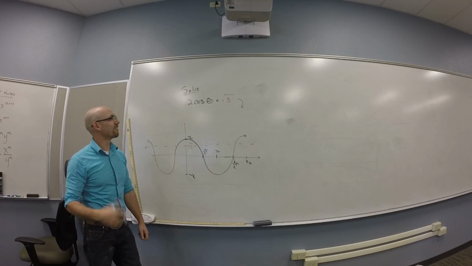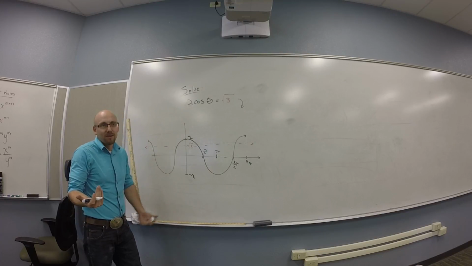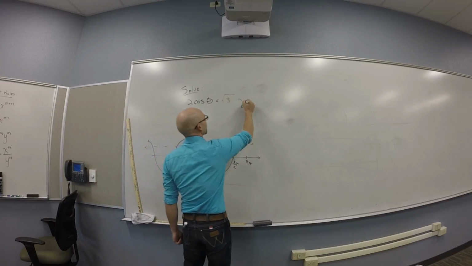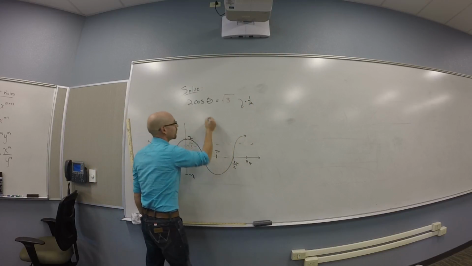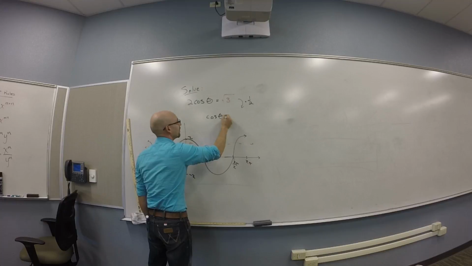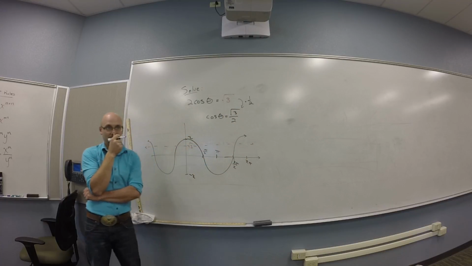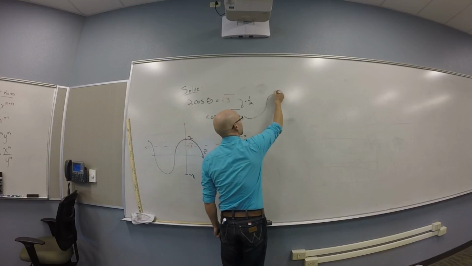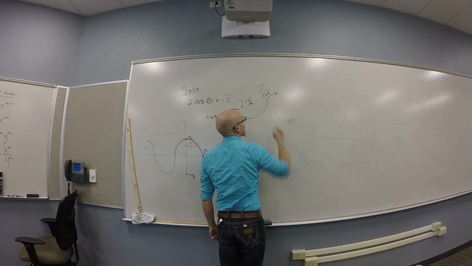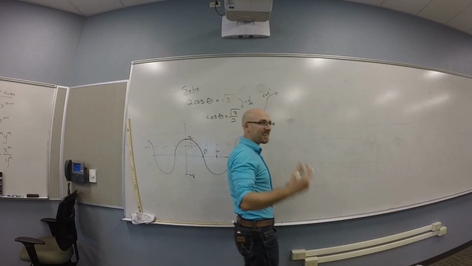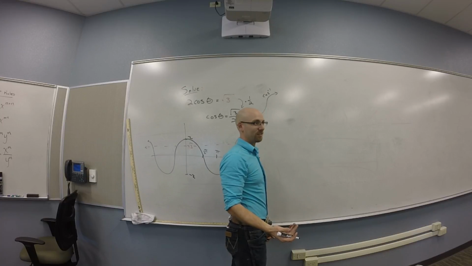So take this thing. What's your first step going to be? You're going to divide by 2, so we'll multiply by half. So we get cosine of theta is the square root of 3 over 2, right? Then we'll hit both sides with a cosine inverse, which isn't actually an inverse function.